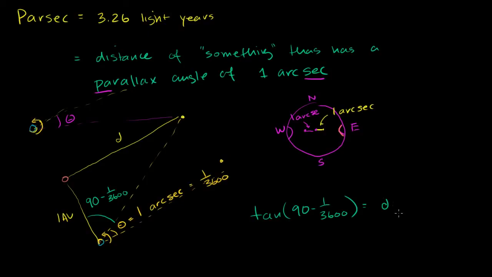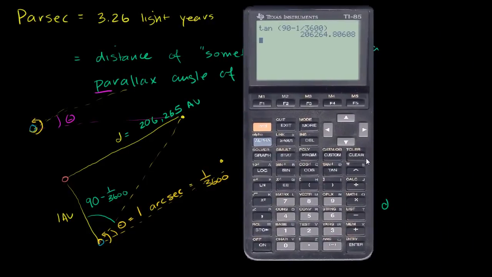So this distance over here is going to be equal to 206,265, I'm just rounding, astronomical units. And if we want to convert that into light years, we just divide. So there are 63,115 astronomical units per light year.